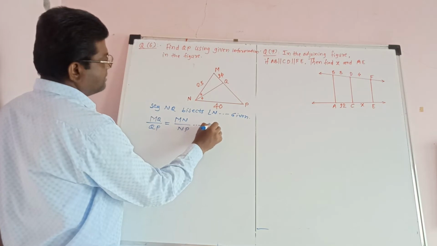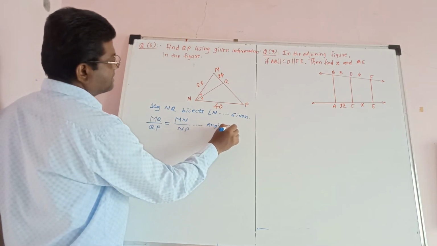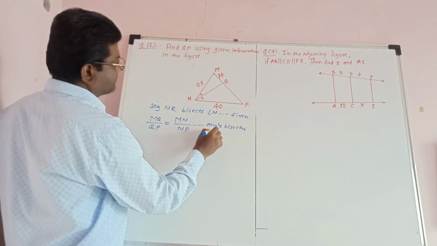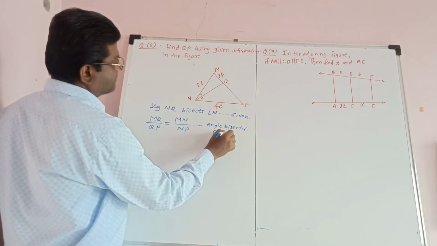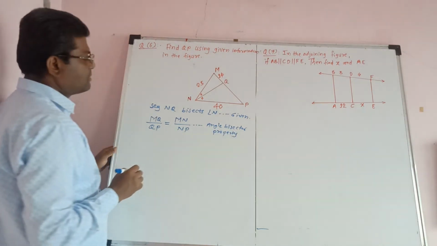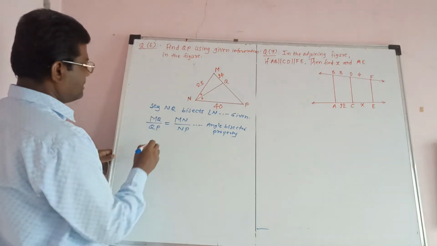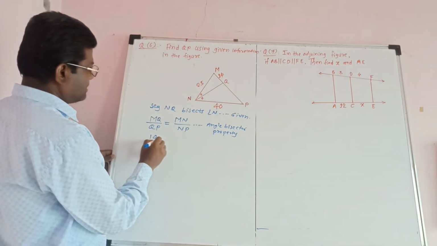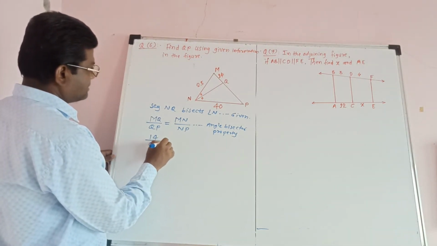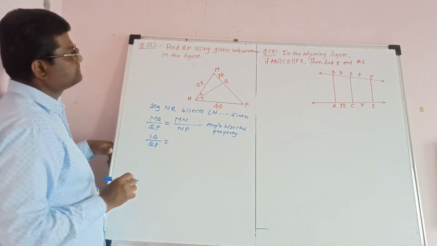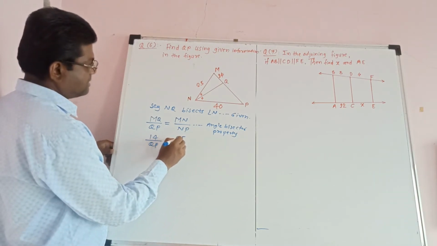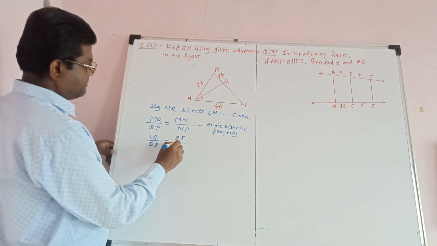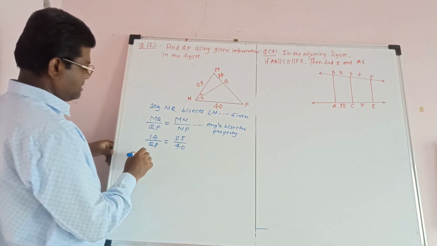Reason is angle bisector property. Now put the values. MQ 14. We have to find QP. MN 25 and NP is 40.